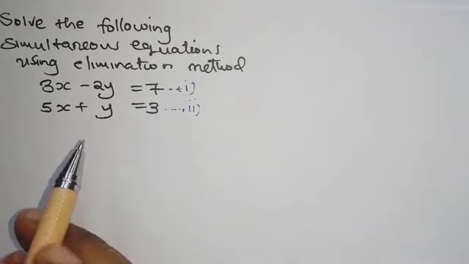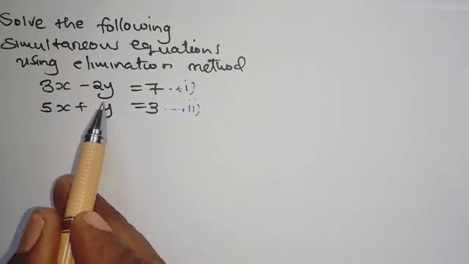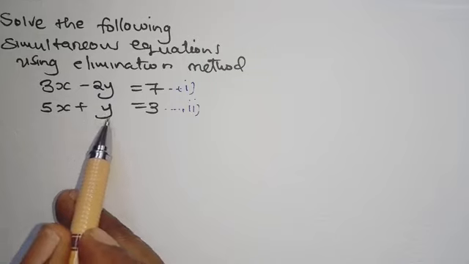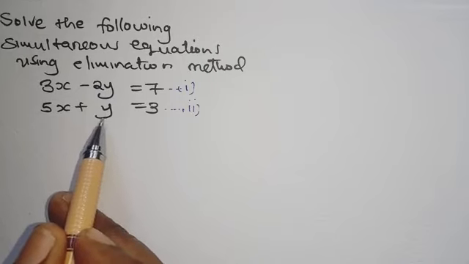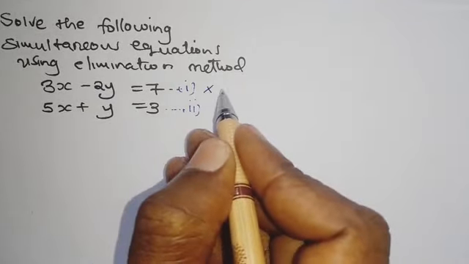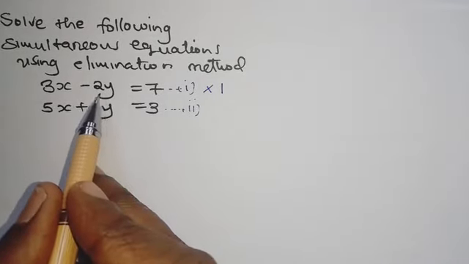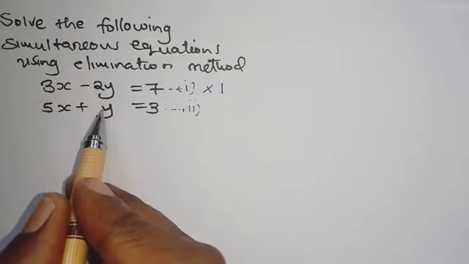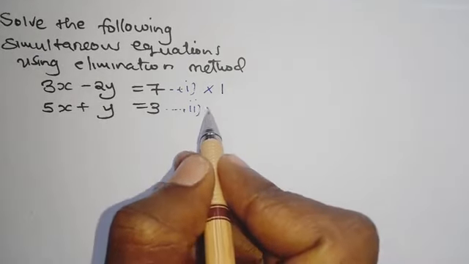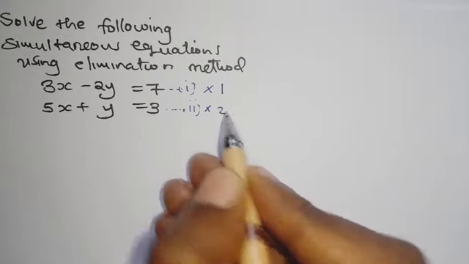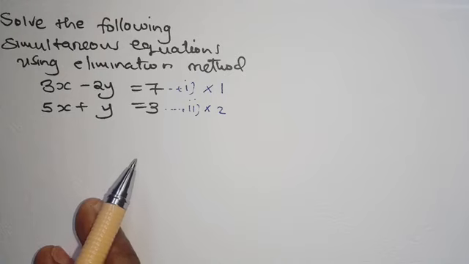We take a coefficient for y, which is 1, and multiply it in equation 1, and the coefficient here is negative 2, but let's multiply by 2 in the second equation.